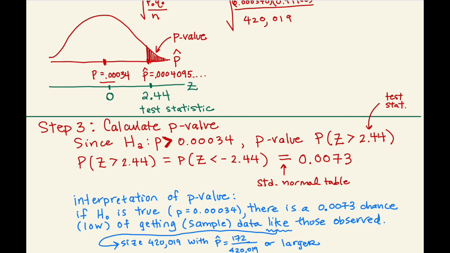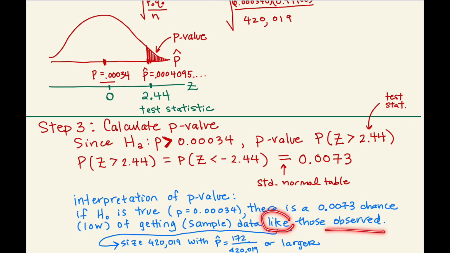Remember, the p-value is just this area that you see right here. It's the probability that the z-score is greater than 2.44. What the p-value means is that if H naught, the null hypothesis, is true, like if we just assume that this is the true proportion of cell phone users who develop brain cancer, then there is a 73/10,000th chance, which is pretty low, of getting sample data like those observed.